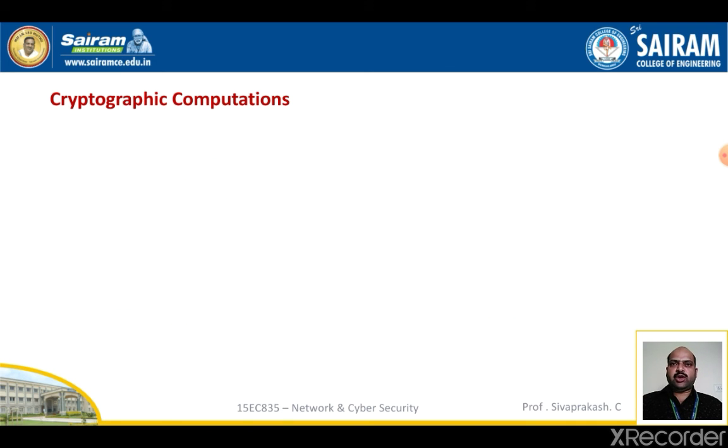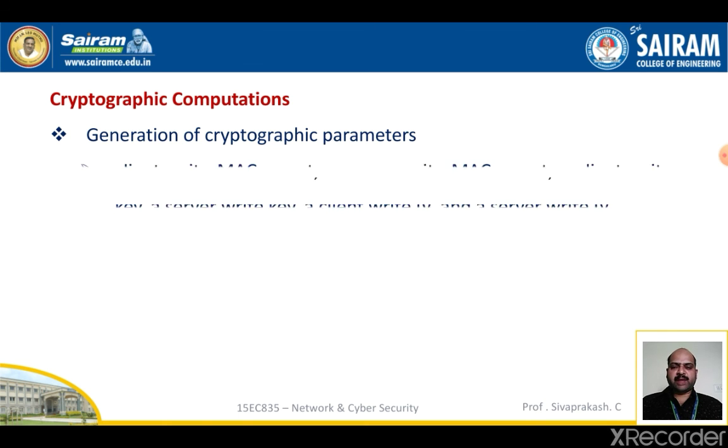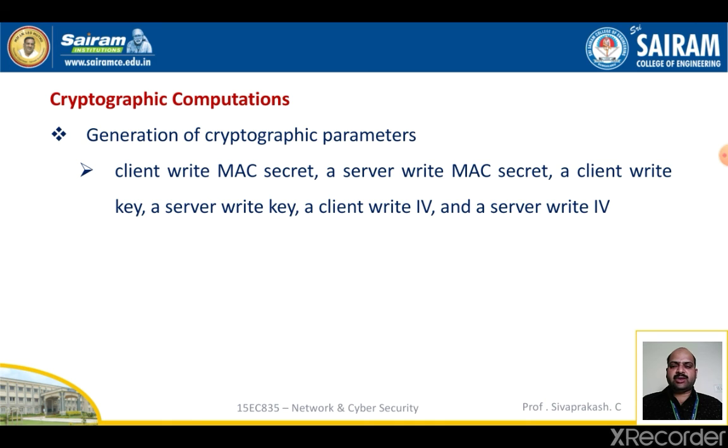This is the calculation of the key block material, consisting of MAC secret keys, session encryption keys and IVs, which generates cryptographic parameters like client write MAC secret, server write MAC secret, client write key, server write key, client write IV and server write IV.